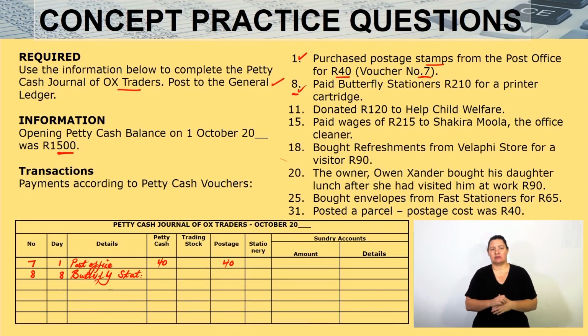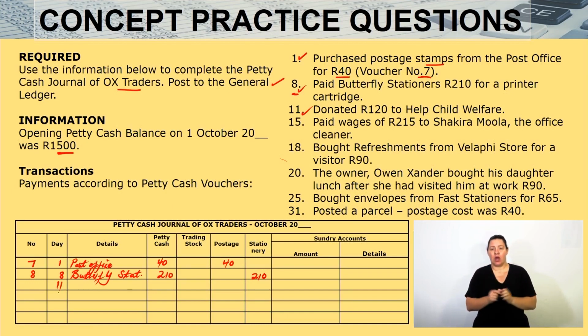Okay, I'm just gonna leave it like that. And then how much do we pay them? We pay them 210. So if we pay 210, I'm now coming here onto my stationery because we bought a printer cartridge.